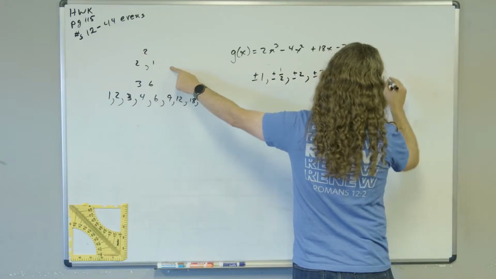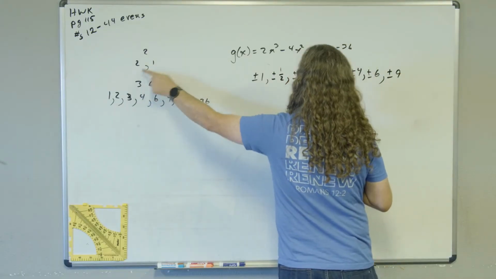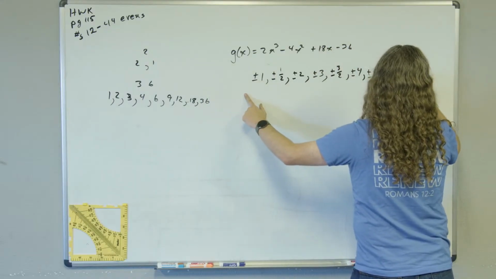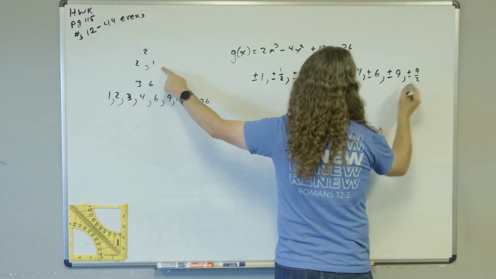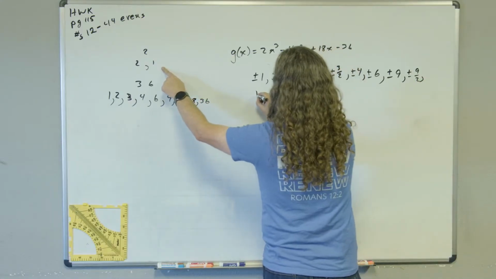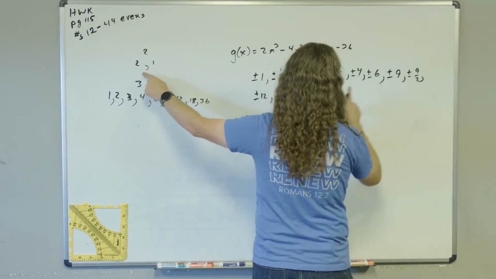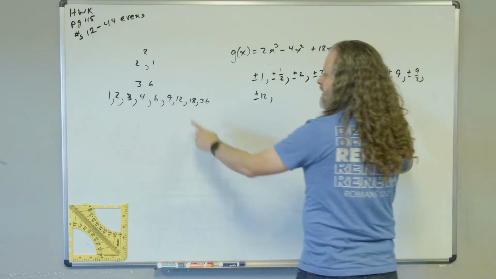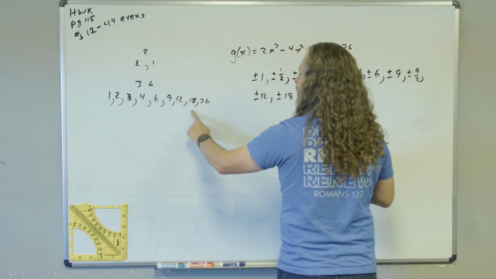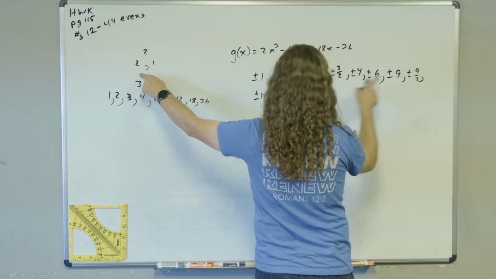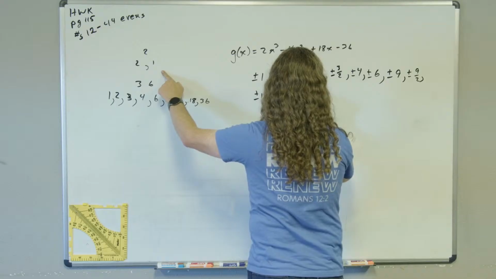9 divided by 1 is 9. 9 divided by 2 is 9/2. 12 divided by 1 is 12. 12 divided by 2 is 6, we've already got that. 18 divided by 1 is 18. 18 divided by 2 is 9, we've already got that. 36 divided by 1 is 36.